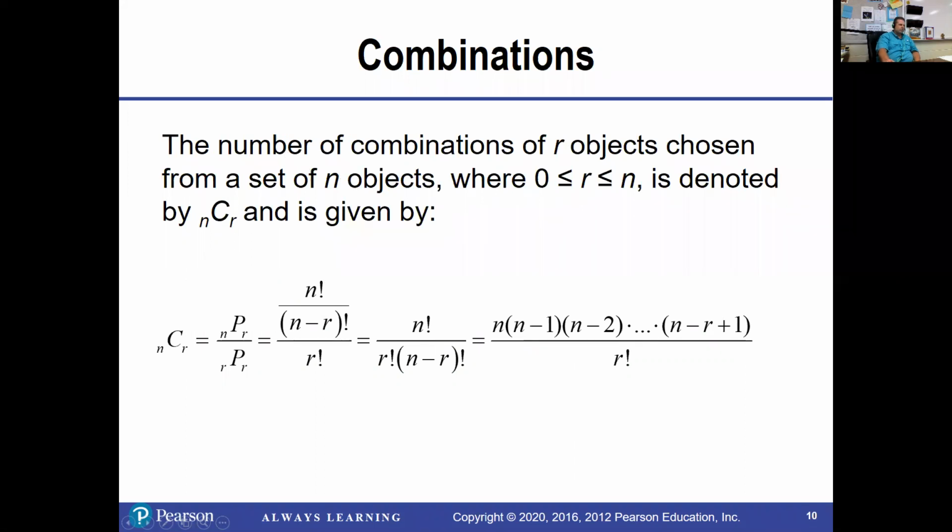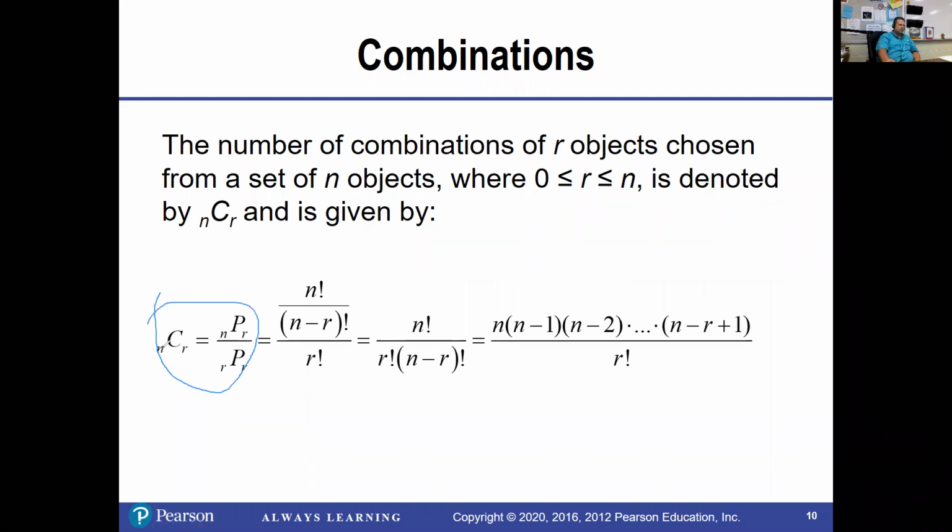Look at this. Here's the formula for combination. Combination, n taken r at a time, is the same as the permutation of n taken r at a time, all over the permutation of r taken r at a time.